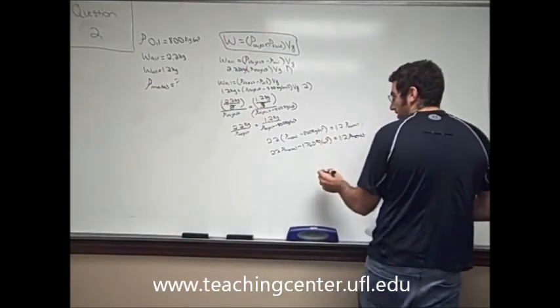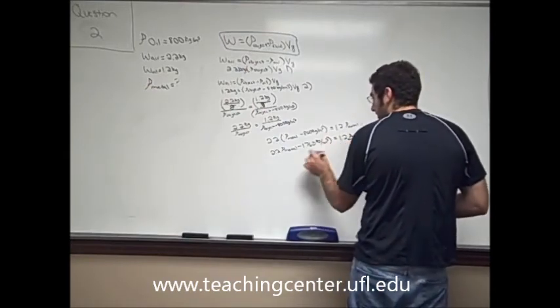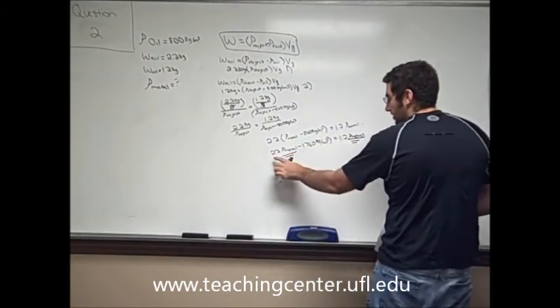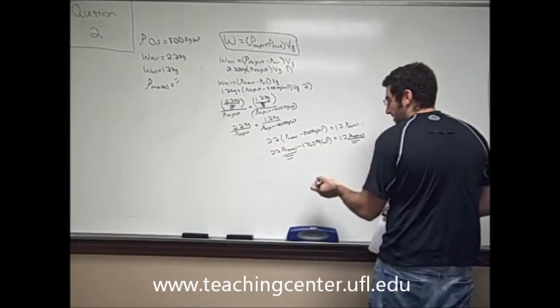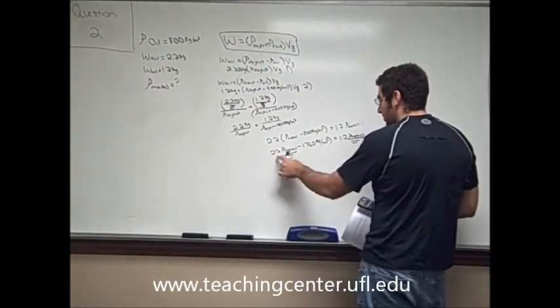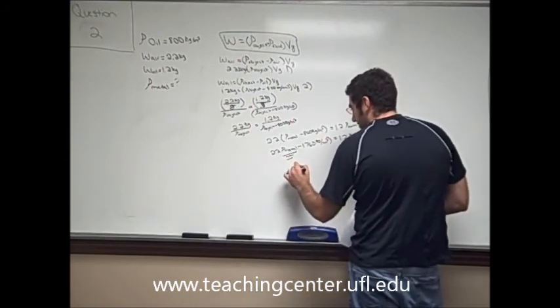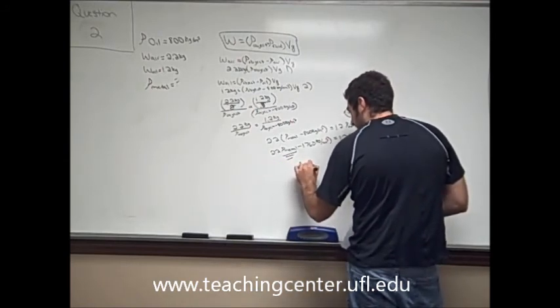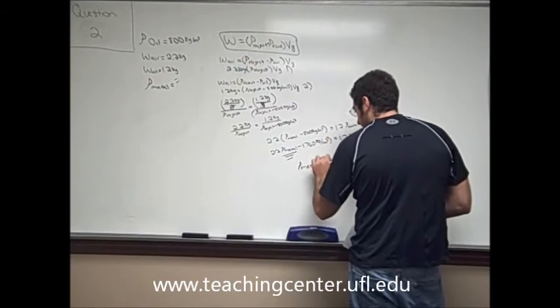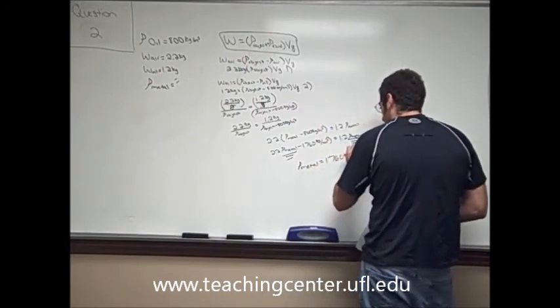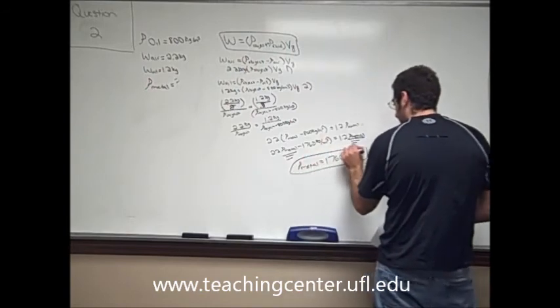Now if we want to solve for the density of the metal, we need to subtract 1.2 from 2.2 and add 1,760 to the other side. So 2.2 minus 1.2 is just equal to 1, so the density of the metal is equal to 1,760 kilograms per cubic meter.